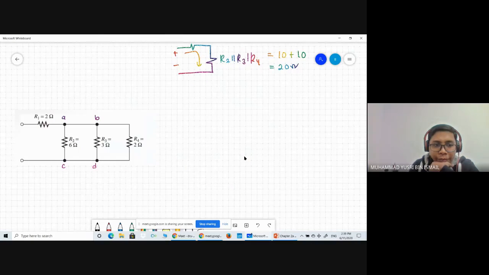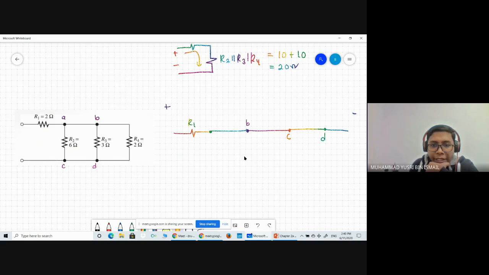Okay, so from here you can draw a straight line. This is R1, then this is RAB, then there is A to C. And then there is also D. Then it goes back to the negative.